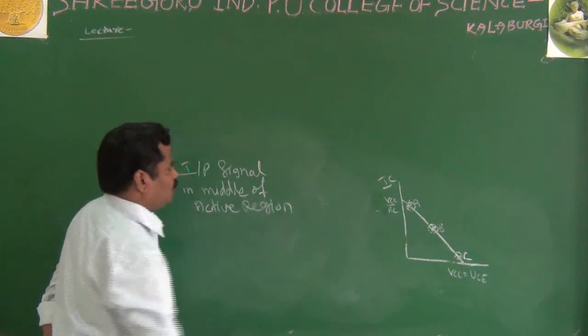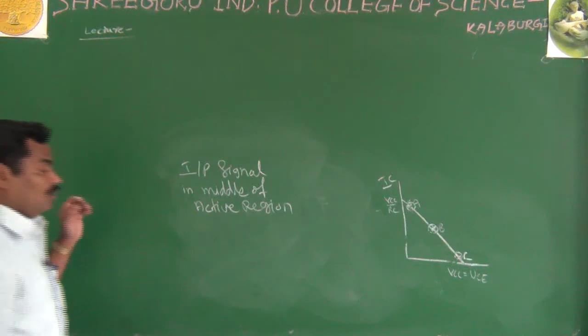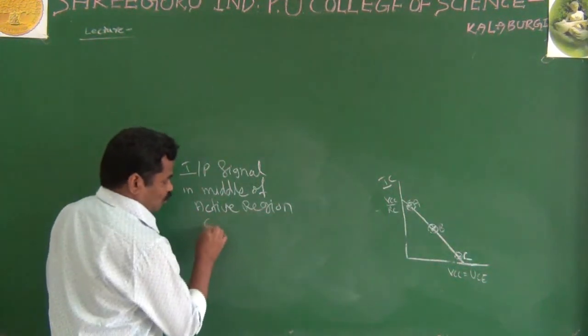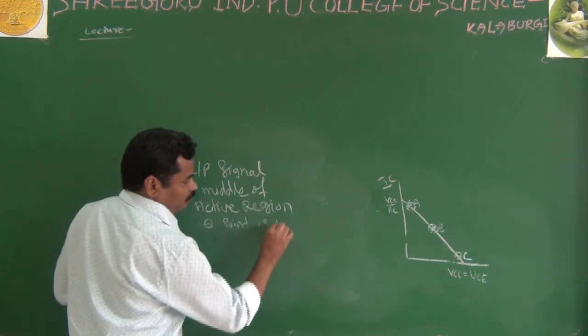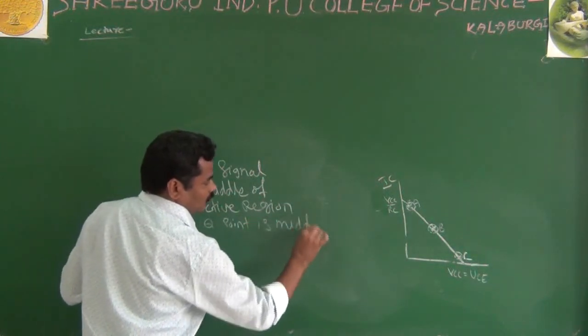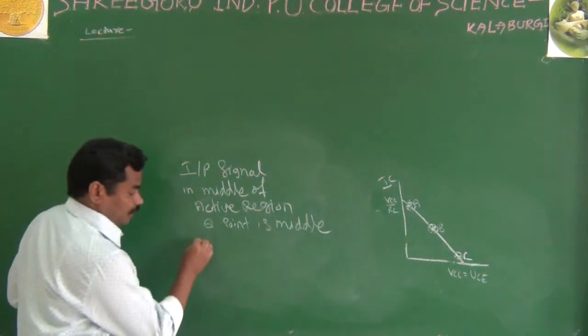It means the Q point is in the middle of the active region. Once again you are applying the input.